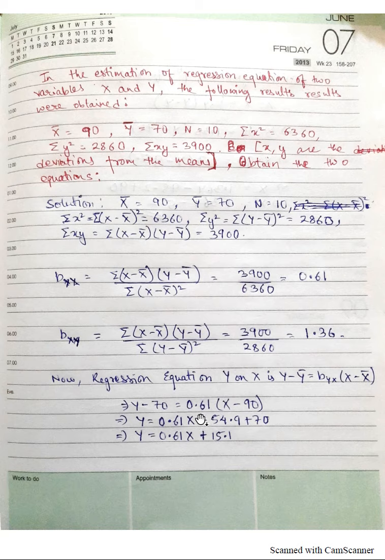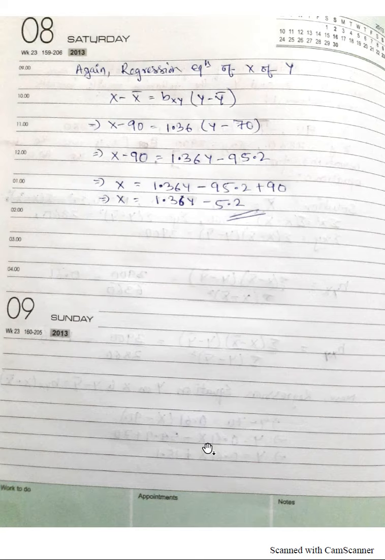I'm sorry, 0.61 into 90 is equal to 54.9 here. Minus here remains as minus sign, and minus 70 comes to this side, it becomes plus 70. So it will be y is equal to 0.61x plus 15.1.